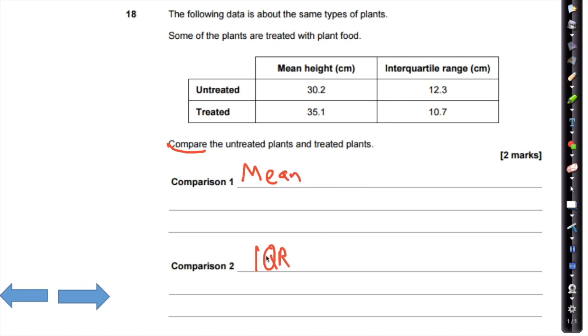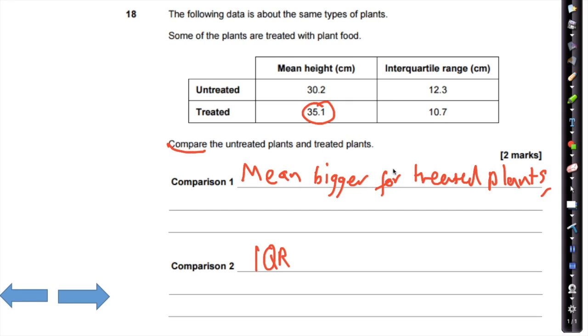And what we're going to say is that the mean for treated plants are taller. So the mean is bigger for treated plants. That will get you no marks.